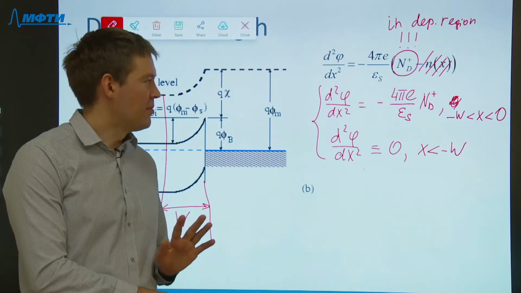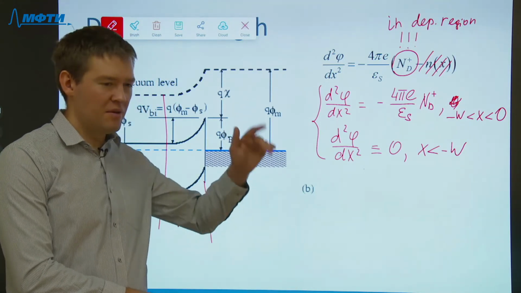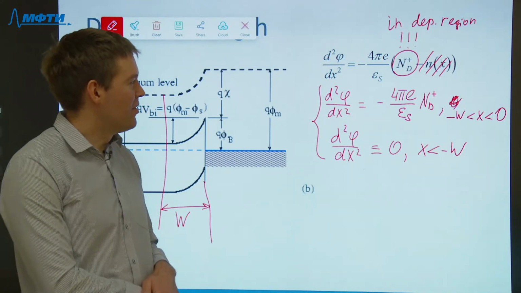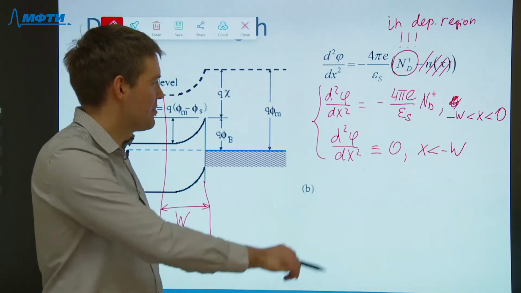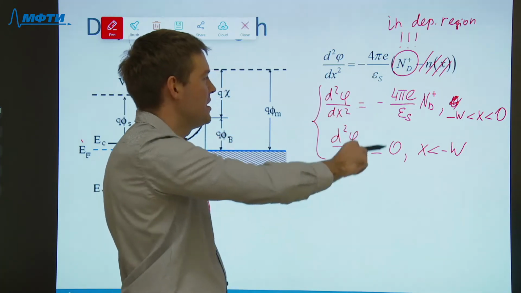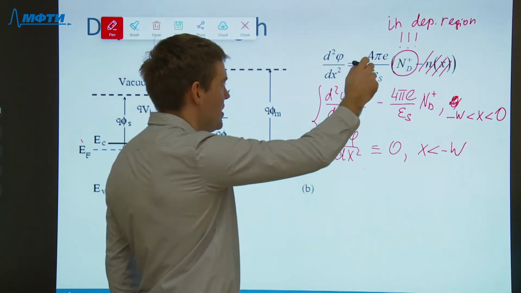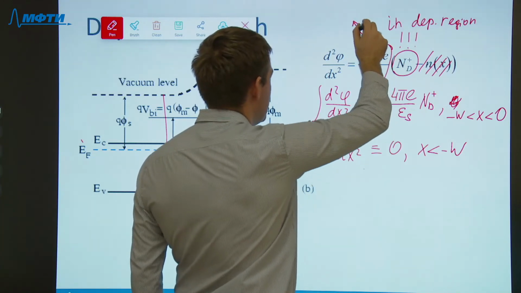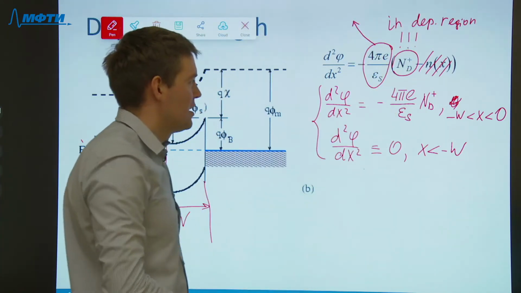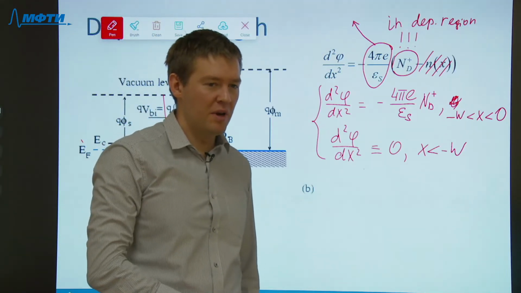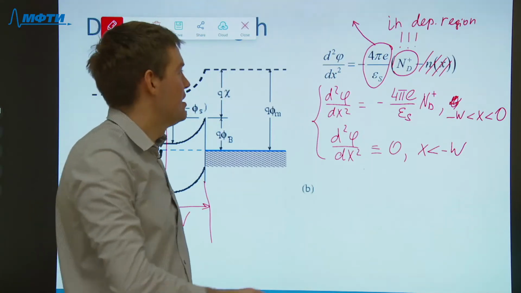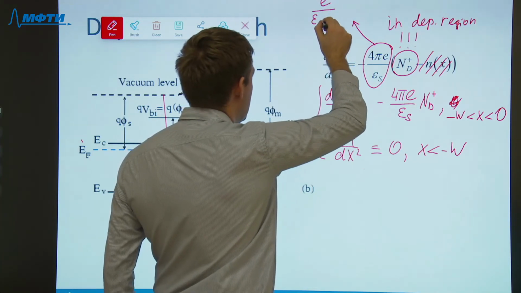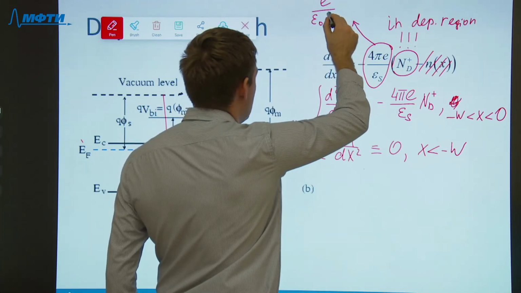I hope you caught, and have probably seen, that I use different units for electric potential. This equation is written in Gaussian units. When rewriting it into SI units, you should replace 1 divided by 4 pi with epsilon 0, the dielectric constant in Coulomb's law.